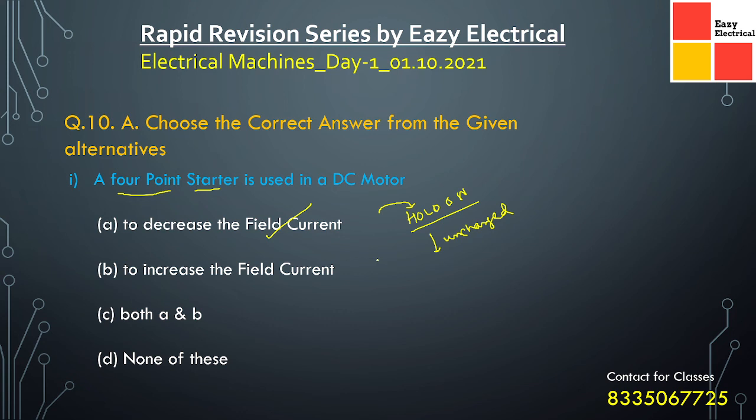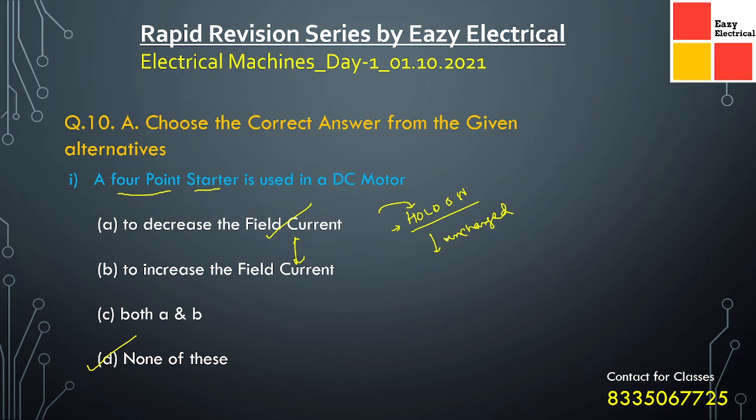So it means that a change in the field current will not affect the current through the hold on coil. By this understanding we can observe that none of the options are correct, because the basic purpose of the 4-point starter is not to allow changes in the field current.